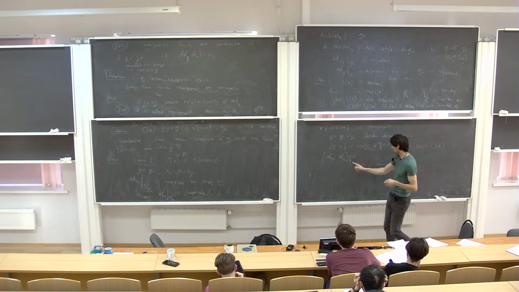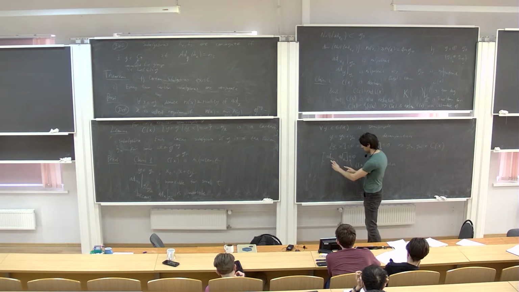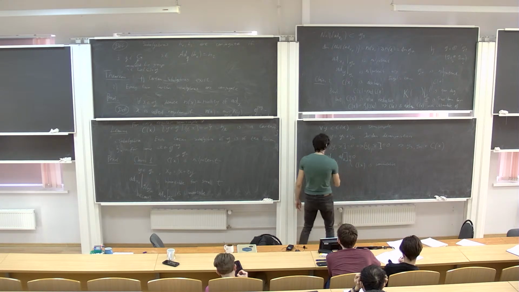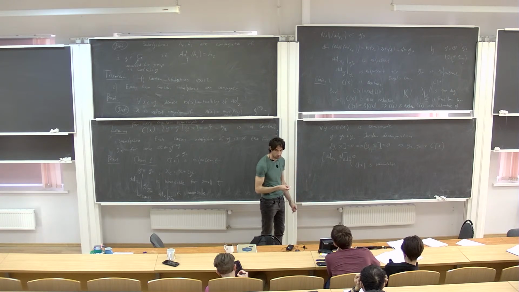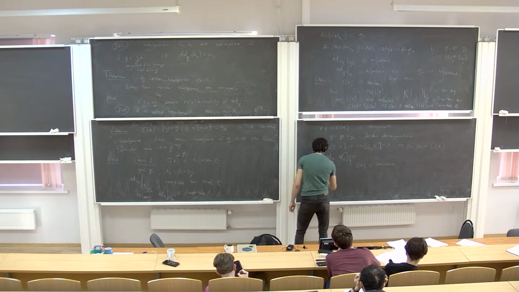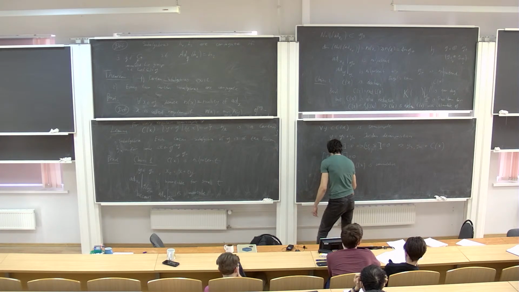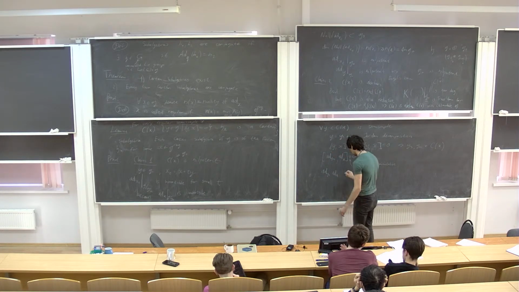But this is because C of x is commutative, and yn is inside C of x, and x is inside C of x. But then ad yn is nilpotent, right? Therefore, the product, since they commute, is also nilpotent.